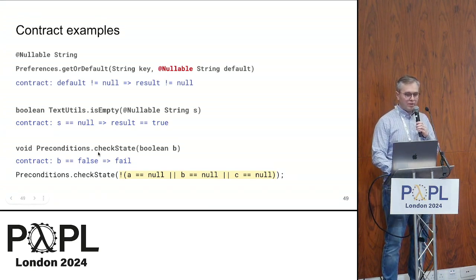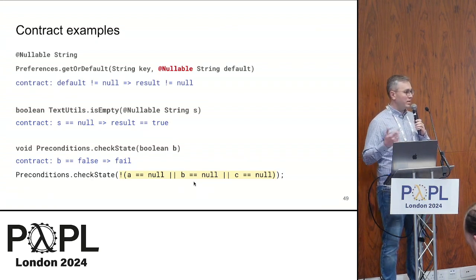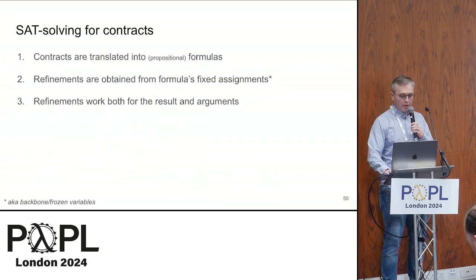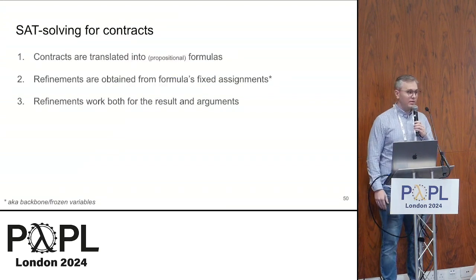Another example is this checkState method that throws if the argument is false. An example usage may look something like this, where this Boolean value is just a bunch of null checks. So after this succeeds, at the next program point, A, B, and C should be refined as non-nullable. So what we do here is, again, probably not surprising, we do SAT solving for contracts.